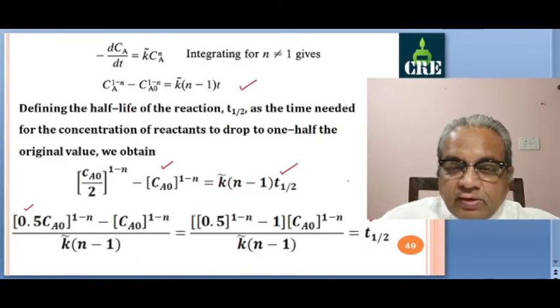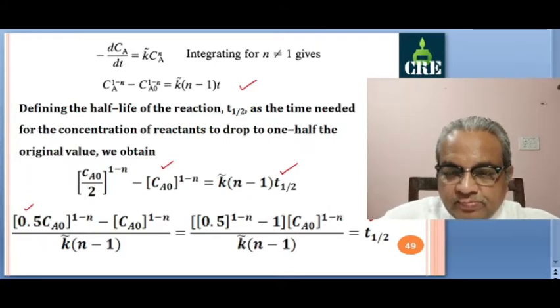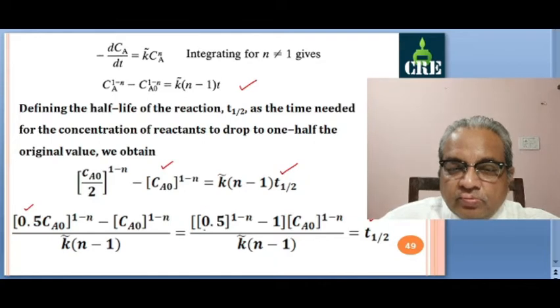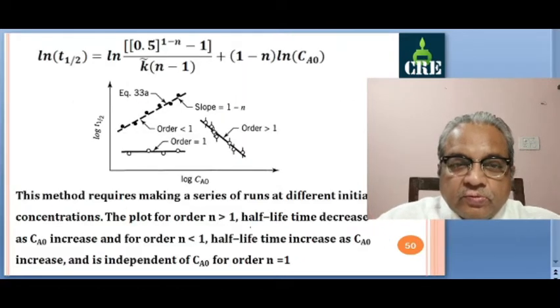This I can linearize now, taking log of both the sides. Ca0 raised to 1 minus n, I can write as 1 minus n into ln of Ca0. And this 0.5 raised to 1 minus n minus 1, this complete bracket divided by k bar and multiplied by n minus 1, this complete term is nothing but another constant, because here n is constant and k is some value of constant that we can determine.